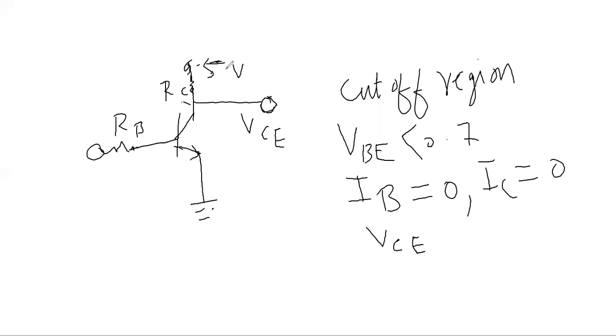IC is 0, therefore VC is equal to the source VCC, which is 5 volt. So that will be the situation in the cutoff region. In the cutoff region, the transistor is off.